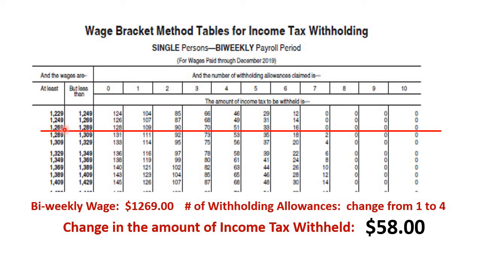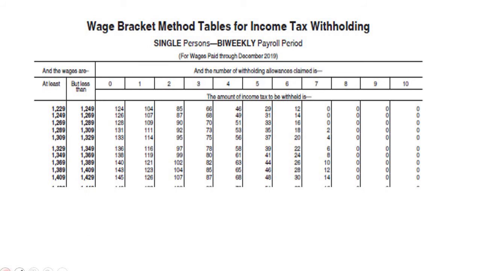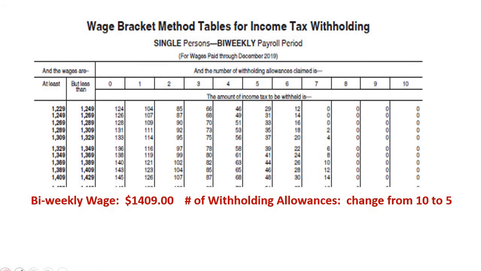Again, if it's listed, we take the lower row. What I was having taken out at 1 was 109. Here at 4 allowances, that's 51, and yeah, that does turn out to be $58, doesn't it? This is going to be easy if every answer is 58. We better do another one and see what's up.